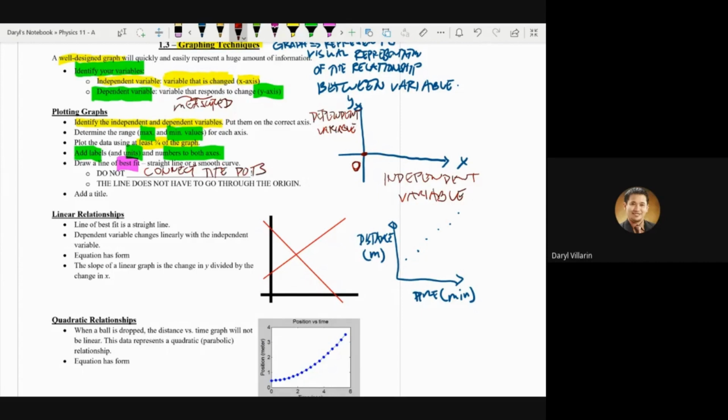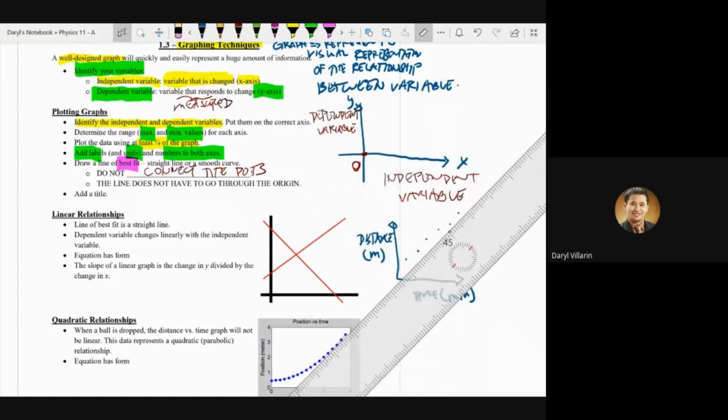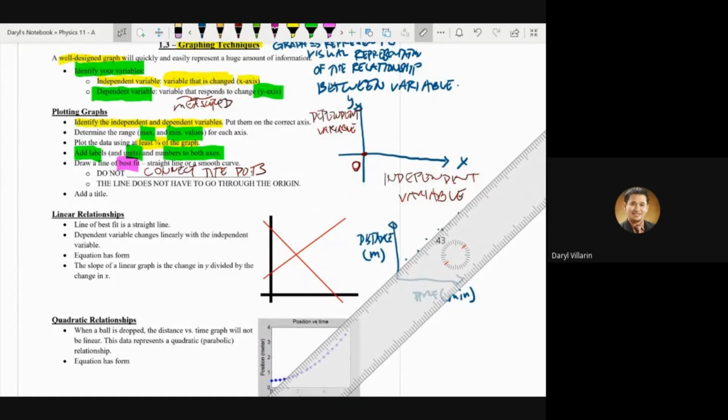If you have decided that a straight line would best represent your data points, draw a straight line. You can use a ruler, and it doesn't have to start at 0. Just draw a line that could represent all your data points. In my case, this would be the best one.